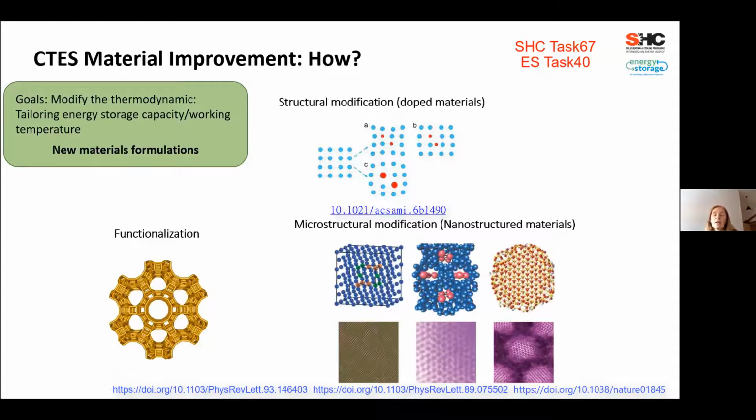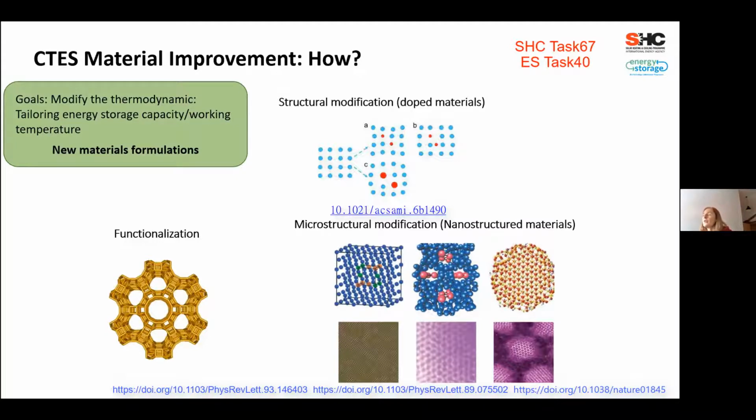In this case, we can create nanostructural materials, synthesize nanostructural materials. We know that these materials are very particular. They have very particular reactivity because they are characterized by high defects, very high specific surface area, and this will induce the formation of active sites, giving to the material a very special reactivity.